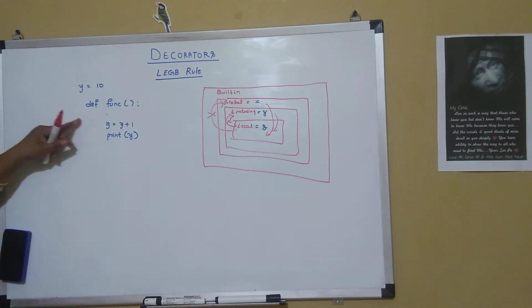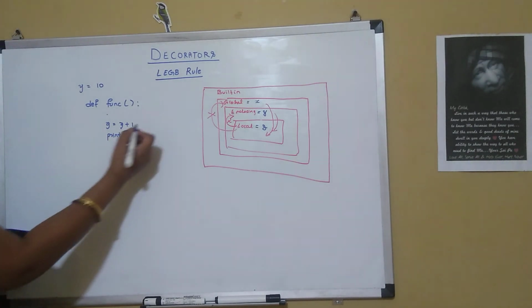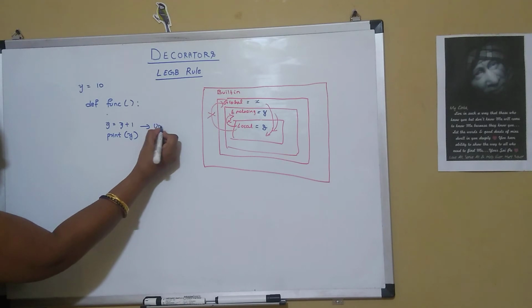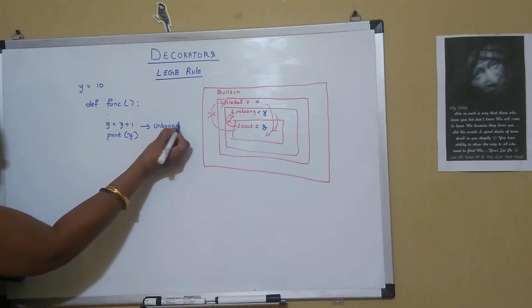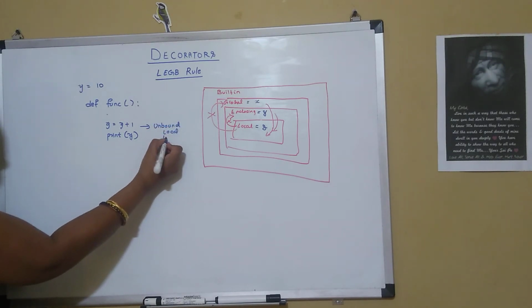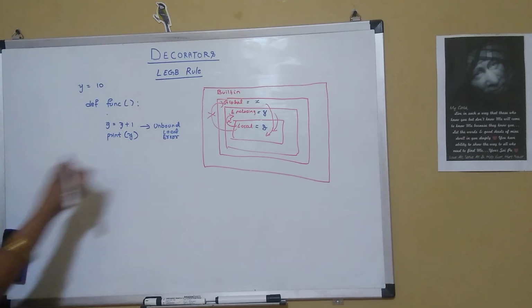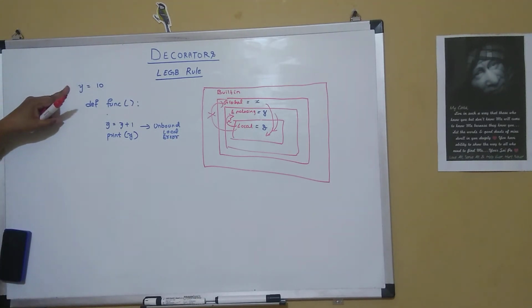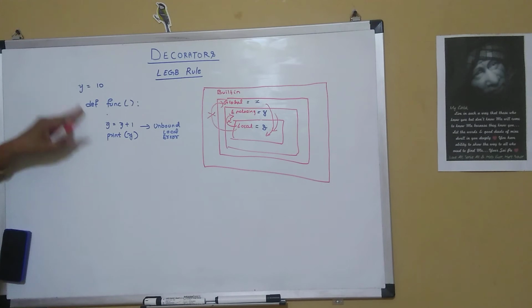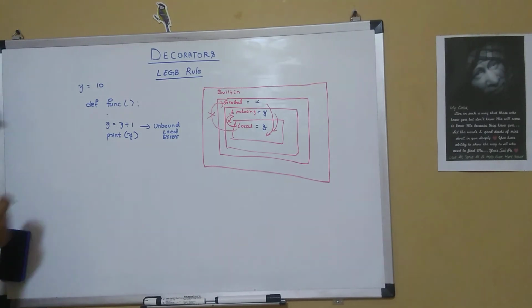So if I give this, it will give an unbound local error. Because you are trying to access the global variable within the function. We are trying to modify the global variable within the local function. So you get the unbound local error.